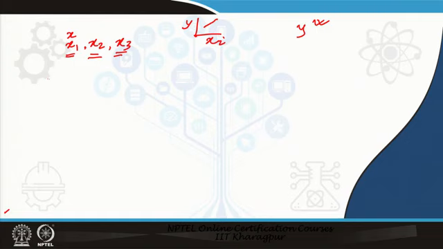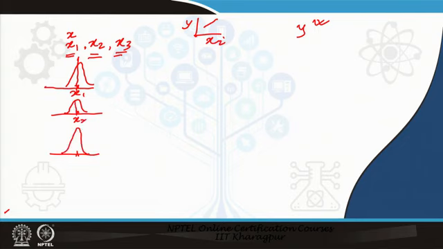Now, in reality, whenever you are talking about x1, x2, x3, what we have done is, if you look at the scale of their operation, I have chosen the most probable value of x1, the most probable value of x2 and the most probable value of x3.